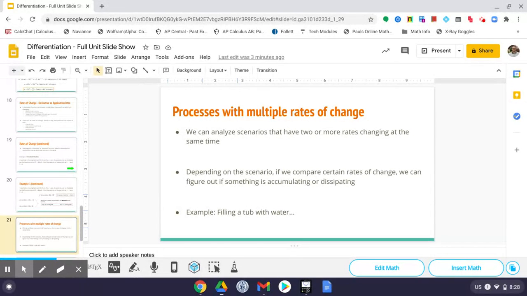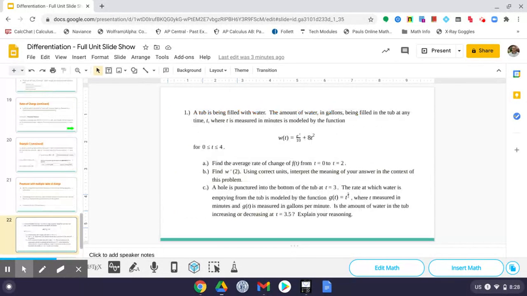Okay. The example we're going to talk about, again, a little bit basic, but I hope that it gets the idea across, is the example of filling a tub with water. And what is at least one additional rate of change that I could add into that problem to help you sort of start to think about this idea of processes with multiple rates of change. So here's the scenario. Here's the setup.